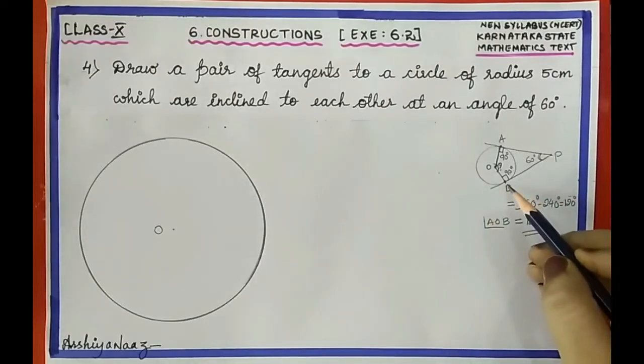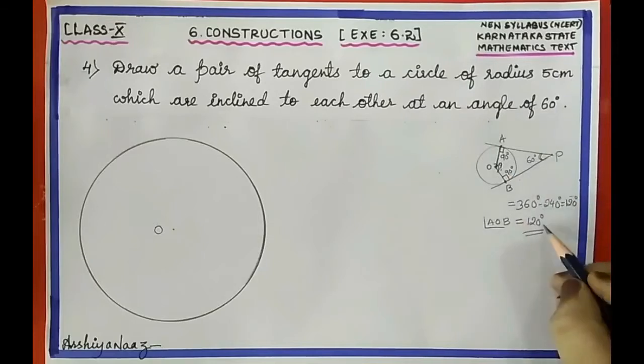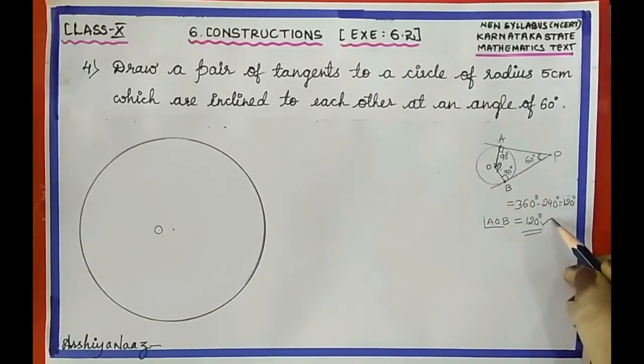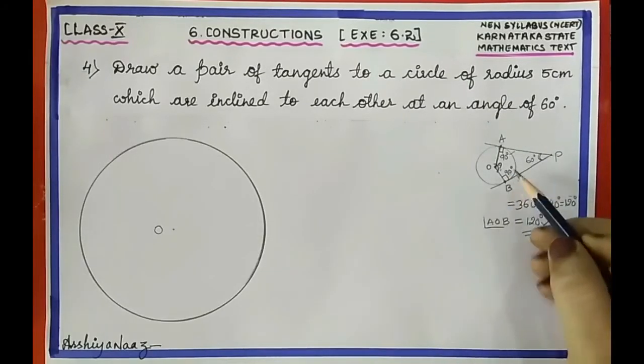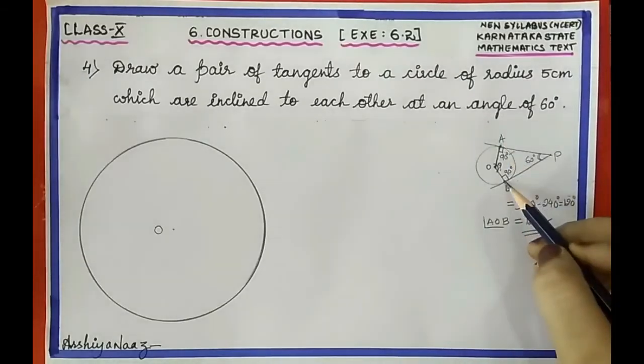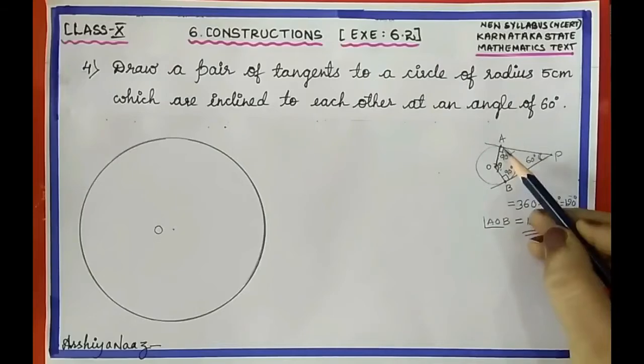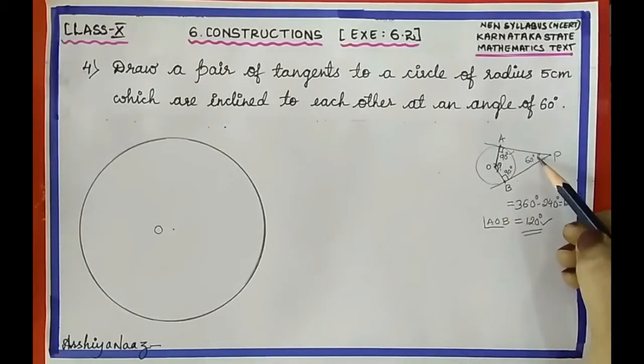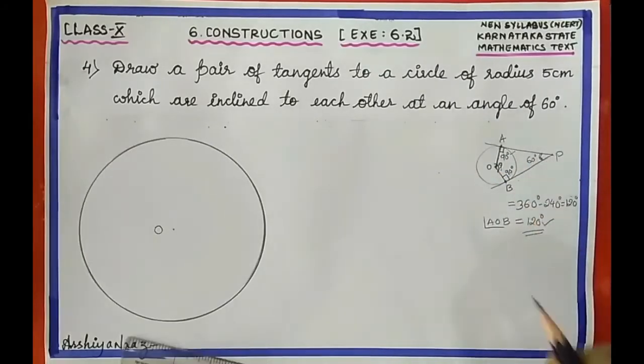So first we have to draw the two radii, and the angle between them should be equal to 120 degree. Then we have to construct two right angles at the ends of the radii. The line perpendicular to the radius on the circle will be a tangent to the circle. Automatically we get here angle 60 degree.